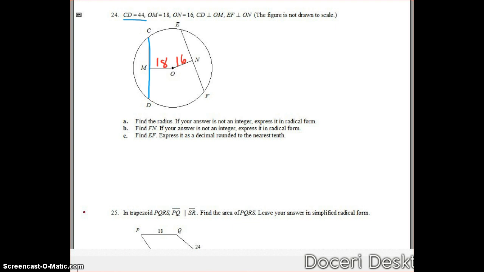We also know that CD is perpendicular to OM, so that forms a right angle. We know that ON is perpendicular to EF, so that forms a right angle. And we want to find, first part says A, find the radius. It doesn't say express in radical form, but I'll also take a decimal approximation. If CD is 44 and we have OM that's perpendicular, it's also bisecting. So we know that these two are congruent, so MD and CM would be 22, half of 44.